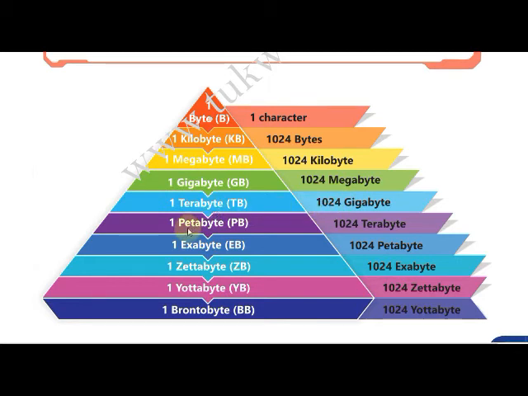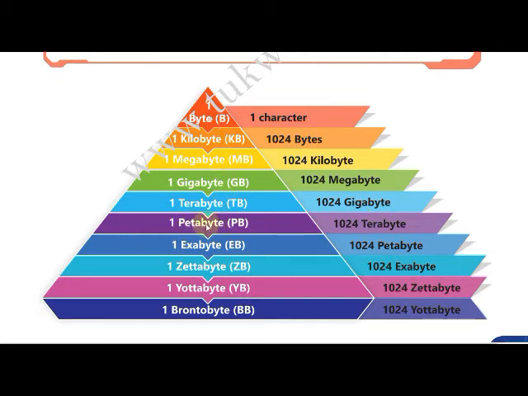The next, 1 PB, which means 1 petabyte. 1 petabyte is equal to how many terabytes? 1024 terabytes. You observe one thing: from kilobyte till petabyte, one thing is common. What is that? 1024. But the units are different, and that's in a sequence.